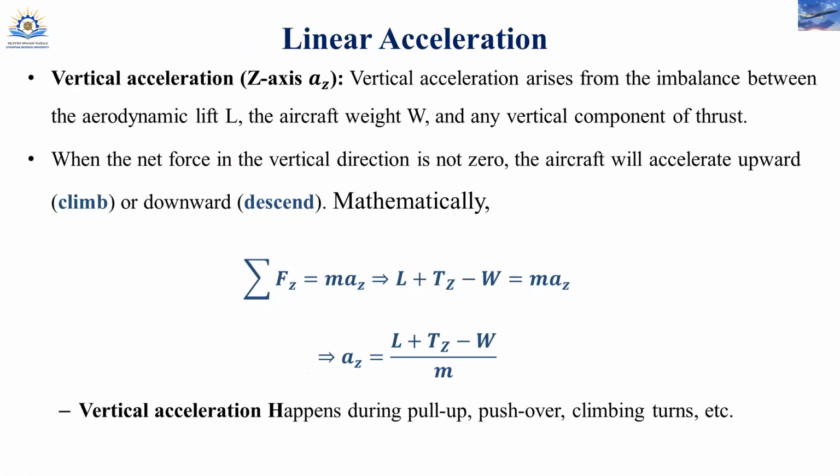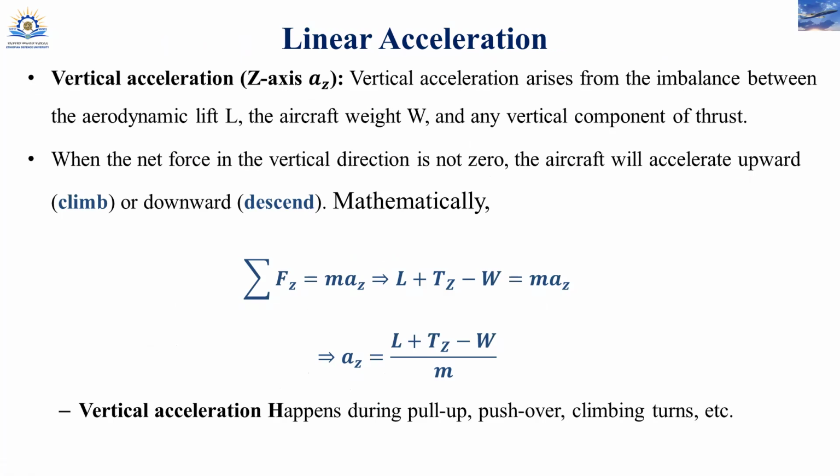Another is vertical acceleration, which arises from the imbalance in the vertical direction between aerodynamic lift and what? Weight. When a lift and weight imbalance occurs, we have a vertical imbalance.